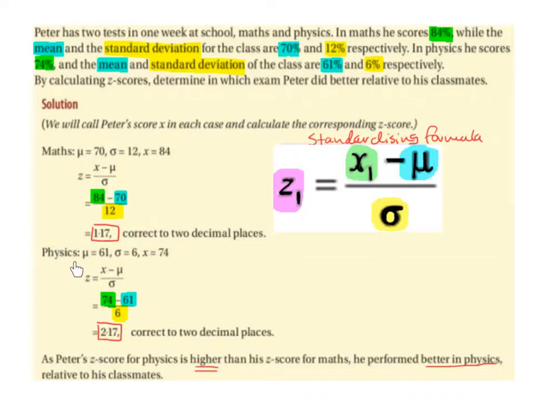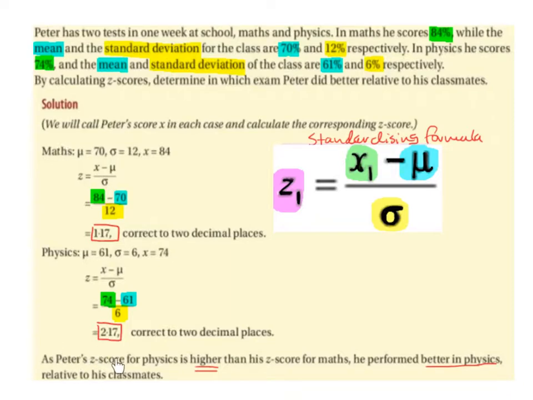In physics, the mean was 61, the standard deviation was 6, and the X value, which is the score, was 74. So again, using the standardizing formula, we have 74 minus 61 divided by 6 is 2.17, corrected to 2 decimal places. So notice that 2.17 is greater than 1.17, and 2.17 related to physics and 1.17 related to maths.